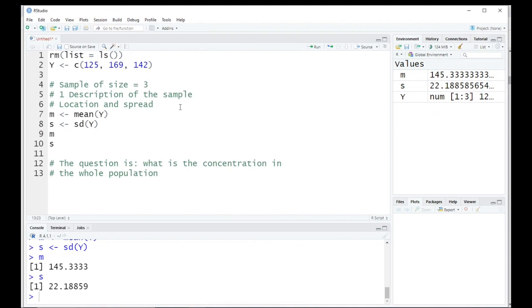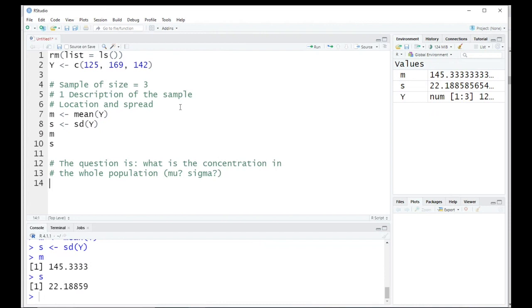We look to the wider population now, and we wonder, what is the mean of the population? What is the standard deviation of the population? So, what is mu? What is sigma? Okay, so this is our question.